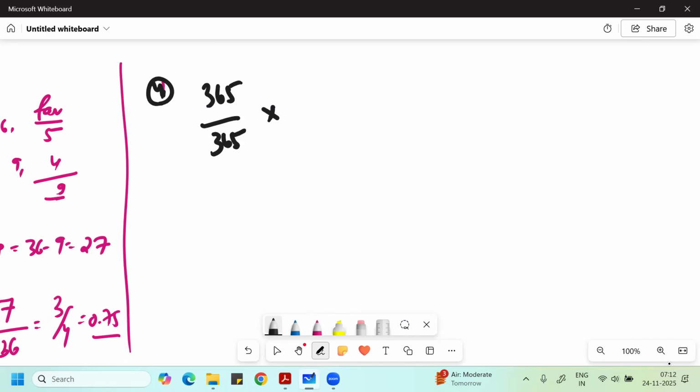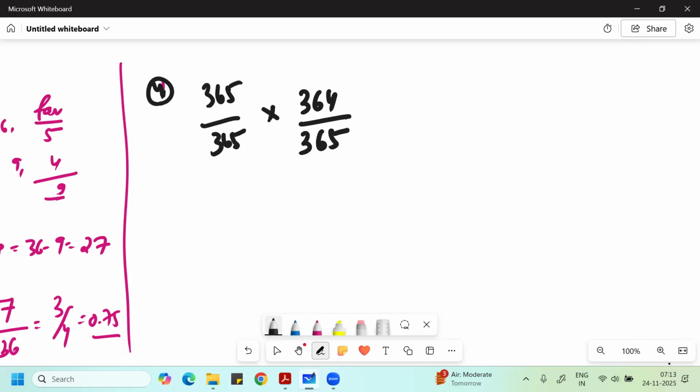Like my birthday is on 5th February. Imagine four children are there and I'm the first child. My birthday can come any day in the year, so the number of ways is one way. But whichever day is my birthday, my friend's birthday should not come on that day. So for him, the favorable ways would be 364 by 365.